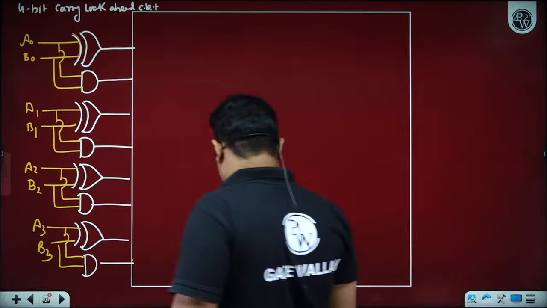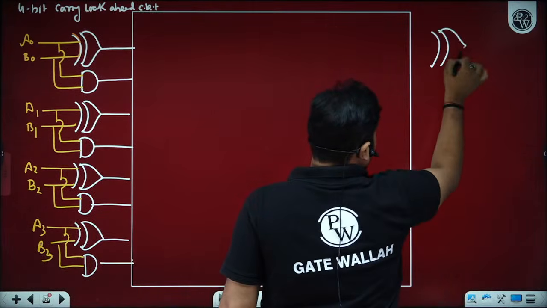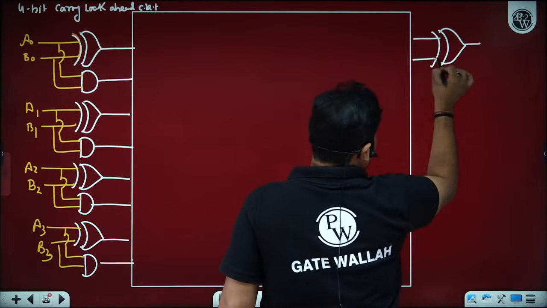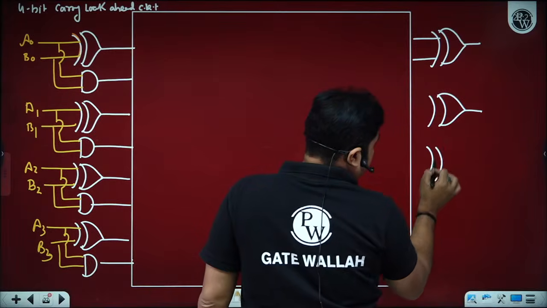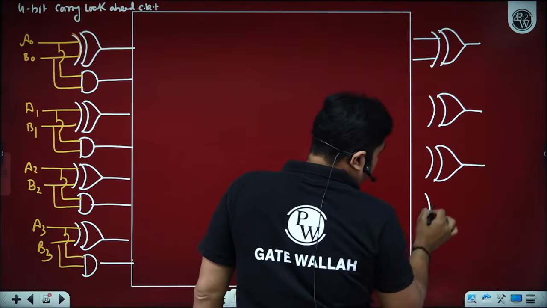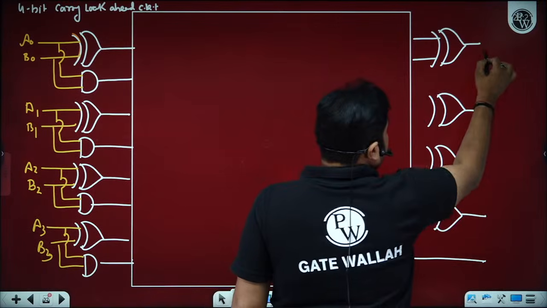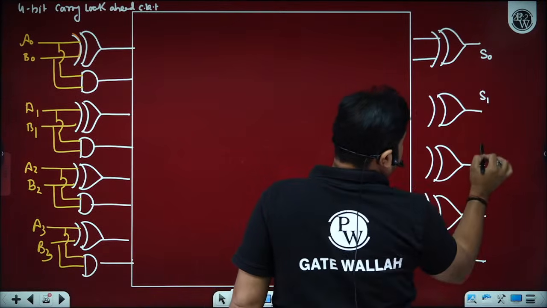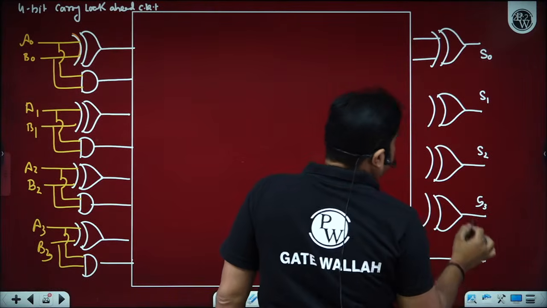Is it okay? Yes, sir. And if we get the carries, then just by the output of the XOR gates we have the outputs S0, S1, S2, S3 and C4. Is it okay? Yes, sir.